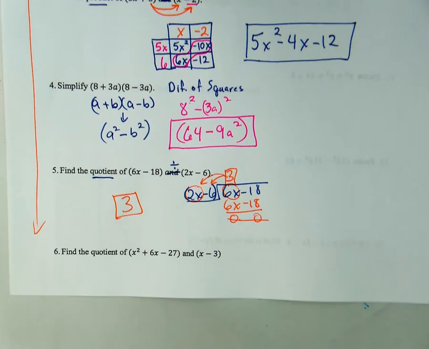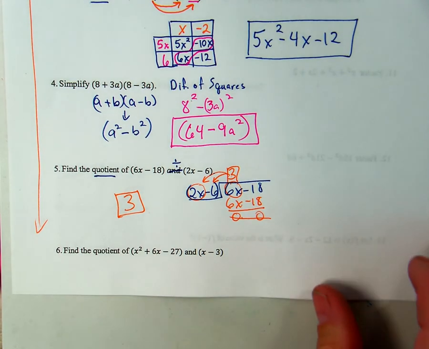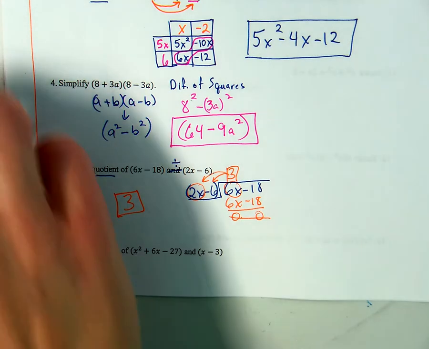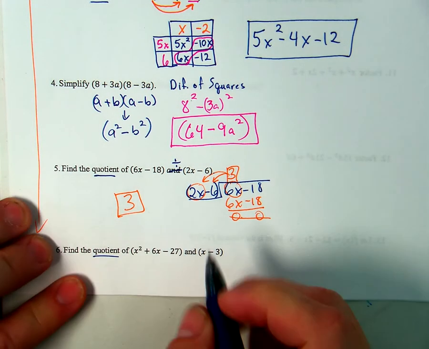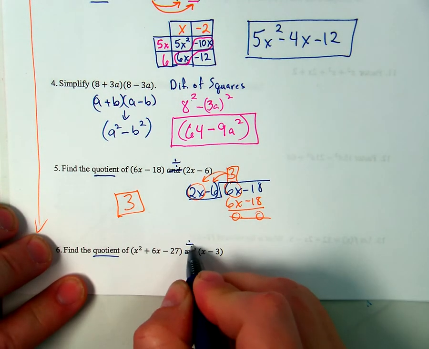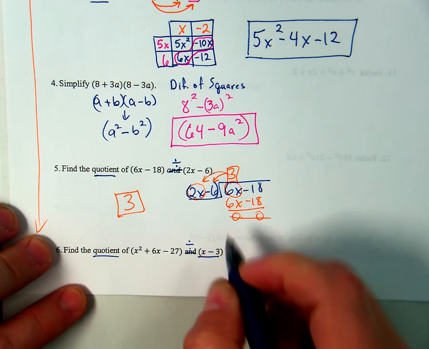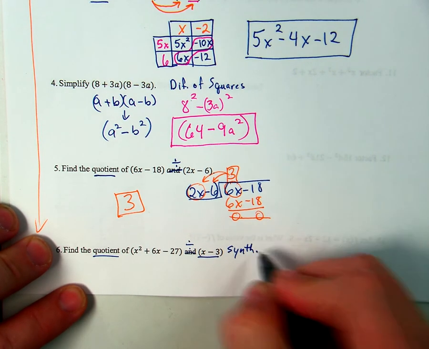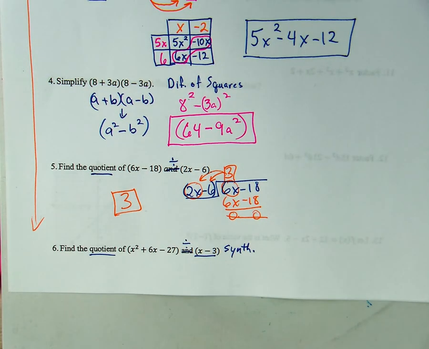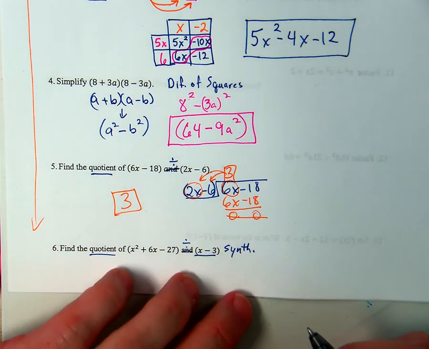Okay, let's look down at the last problem on the page. Again, we're finding the quotient. But here, when we find the quotient, this is a perfect candidate for synthetic division because the coefficient in front of x is actually 1. And so because it's a 1, that works out real nicely for us to use synthetic division.